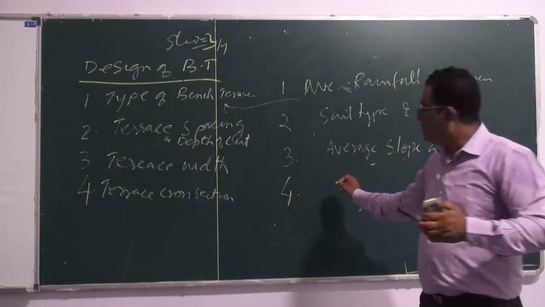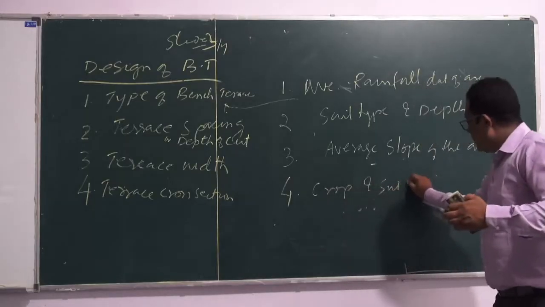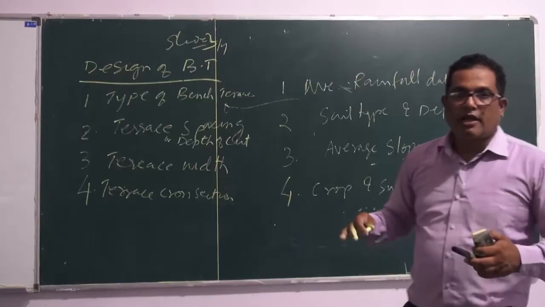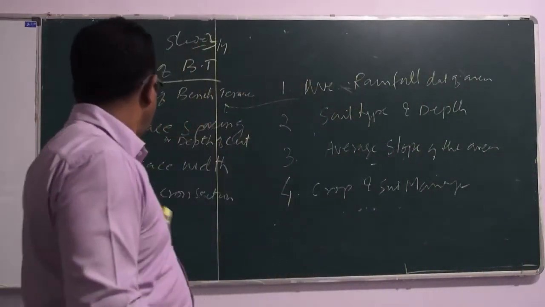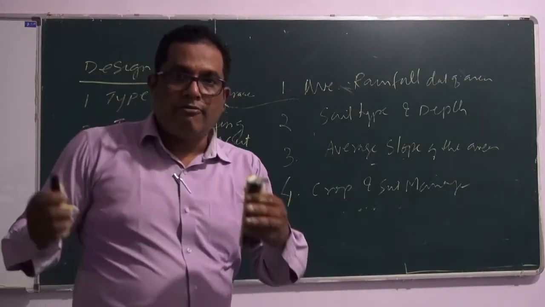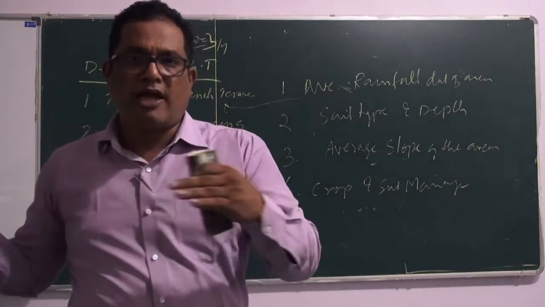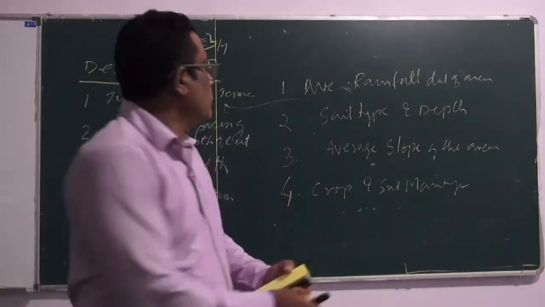And fourth is crop and soil management. What type of crop we are growing and what type of soil management we are doing will also determine the terrace cross section. Because for an orchard plant, it won't be necessary to have complete benches or terraces.